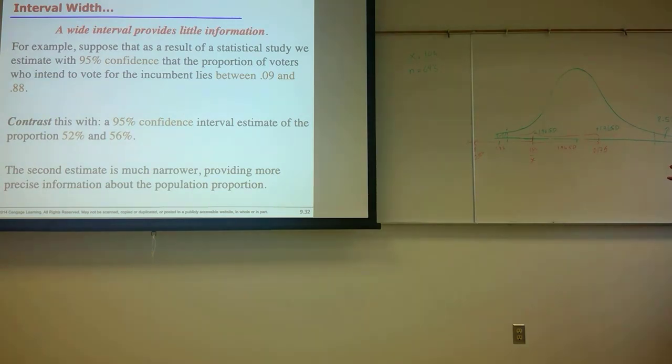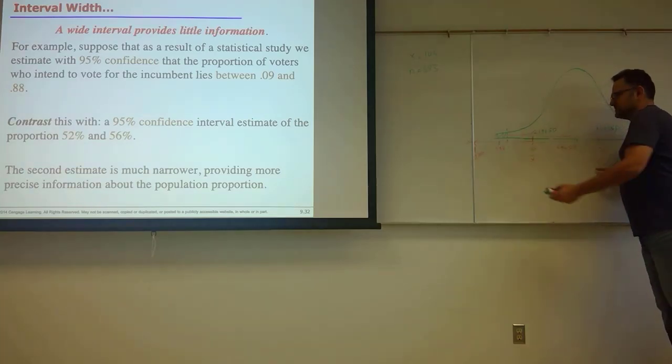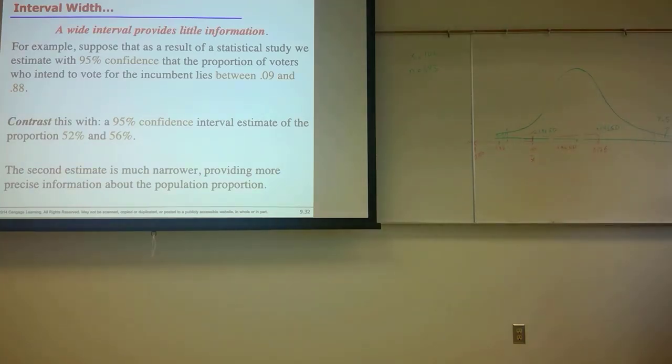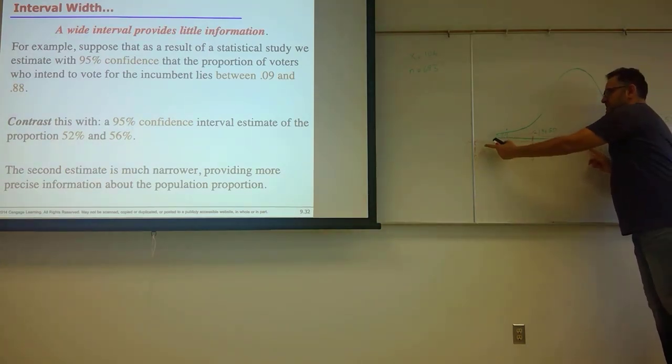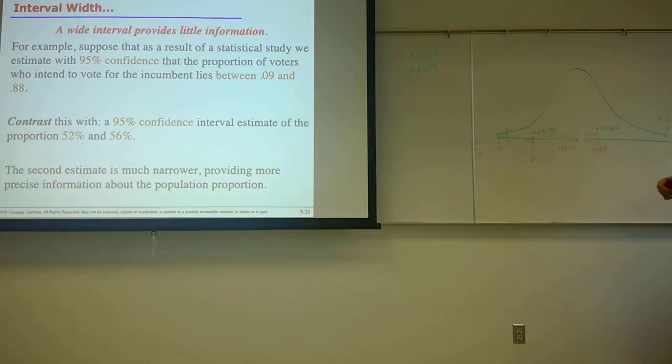So depending on why we need that information, that interval between 12.4 and 17.6 might be good enough for us, right? But it might be too wide. I need it more accurate, right? So if you need to narrow down this interval width, one way to do it is obviously to give up some of the probability of your confidence.